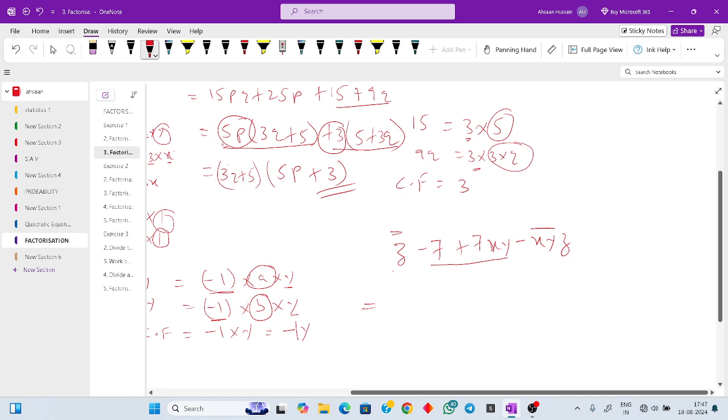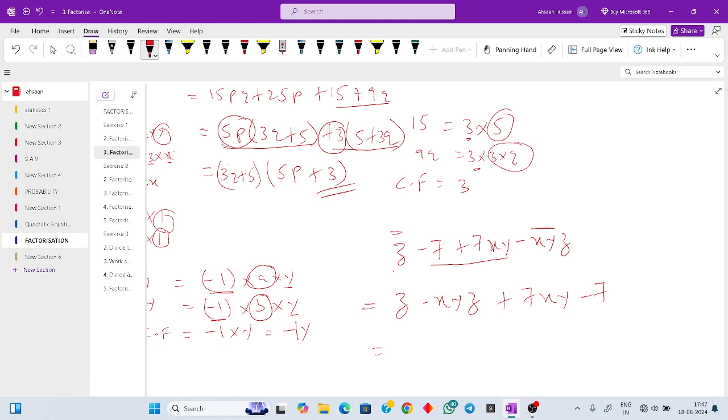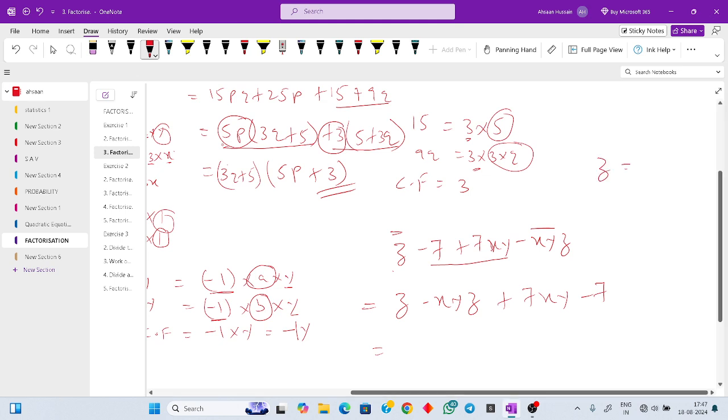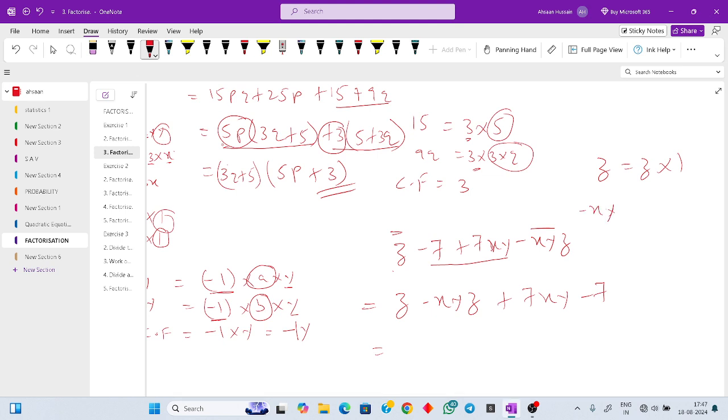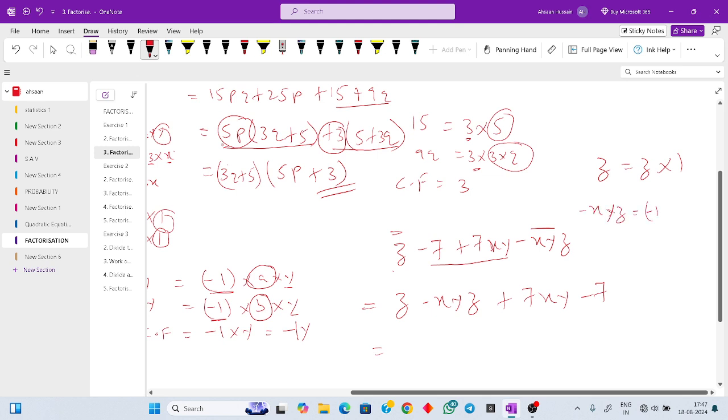So we'll write z minus xyz, then plus 7xy minus 7. So what is common between z and minus xyz? Obviously it is z. So z means z multiplied 1, and negative xyz means negative 1 multiplied x multiplied y multiplied z. So z is common.